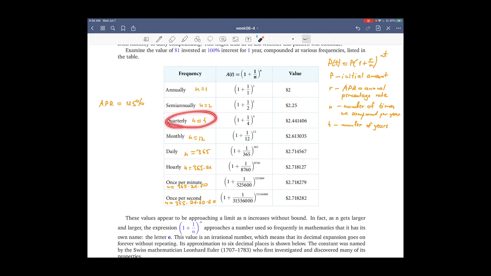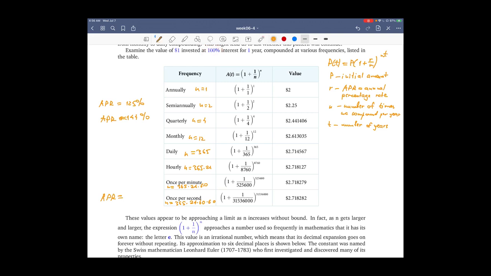For quarterly compounding, we get an APR of even greater, 144%. For compounding done once per second, we get an APR which is much greater than the 100% that we originally invest.